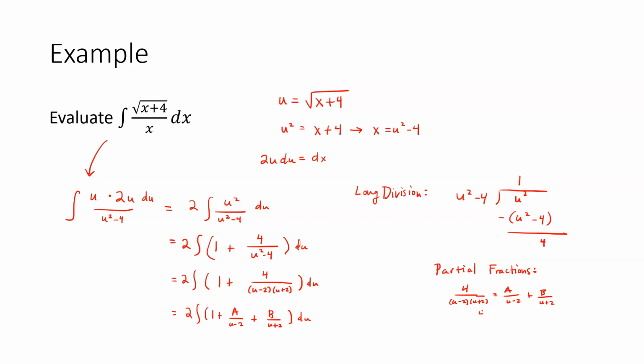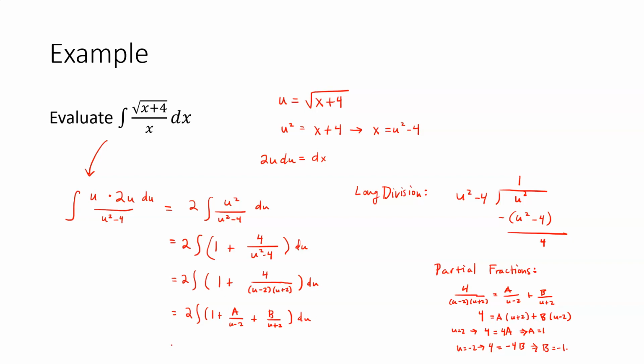Clearing out the denominators, I get 4 equals A times u plus 2 plus B times u minus 2. If I substitute u equals 2 in there, I get 4 equals 4A, because this term becomes 0, so we get A is 1. If I substitute u equals negative 2 in there, I get 4 equals negative 4B, because this term is now 0, so we get B is negative 1.